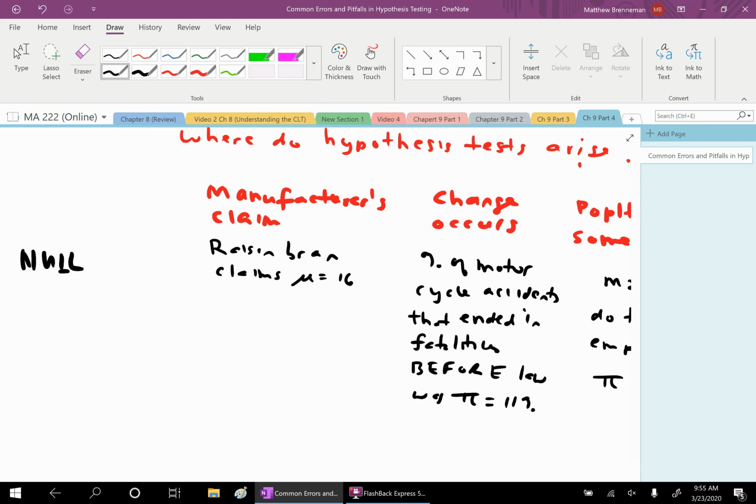In other words, this is the hypothesis we would believe if we had no evidence or no data. So this is the hypothesis that we believe either due to prior information, past history, or maybe in the absence of any data.